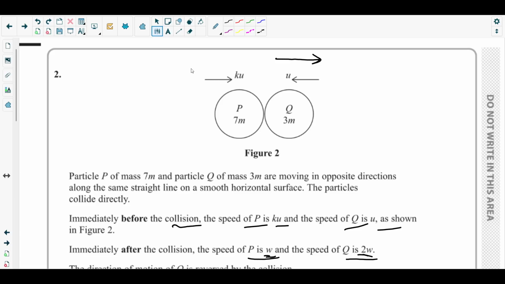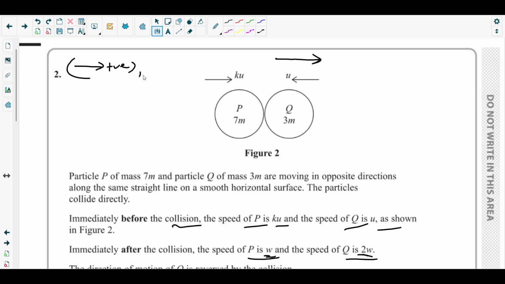When you consider direction for impulse, or in any case in mechanics, we take a specific direction as a reference. Generally we take the direction to the right as positive, but it's up to you which direction you take as positive.